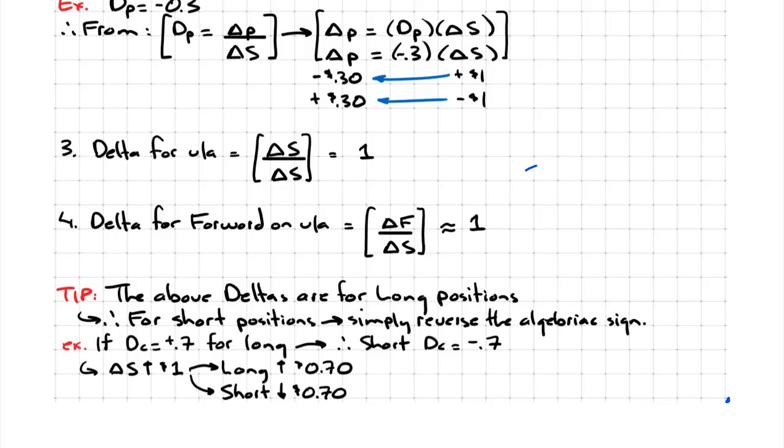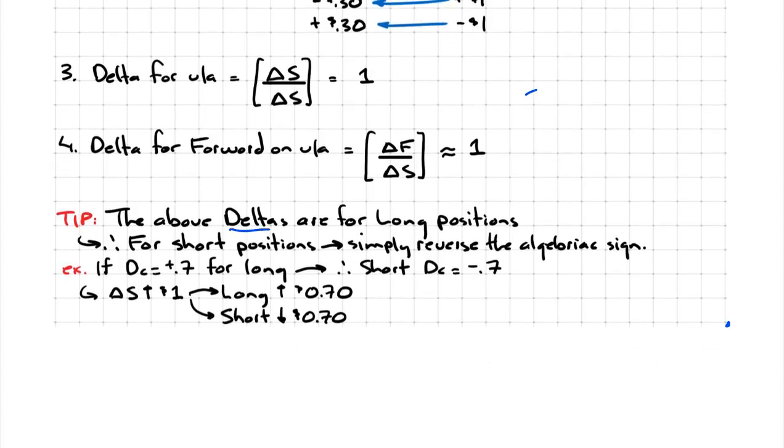Now tip, the above deltas were for long positions. Therefore, for short positions, we simply reverse the algebraic sign. So rather than doing a brand new module for short option deltas, which would be ridiculous, we would just take whatever deltas we've calculated for the long positions and just reverse the algebraic sign.